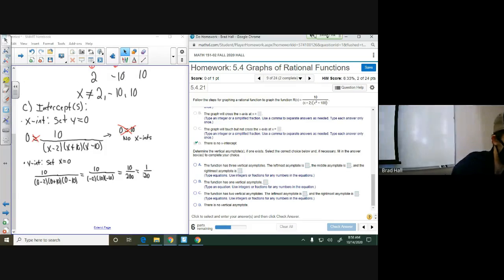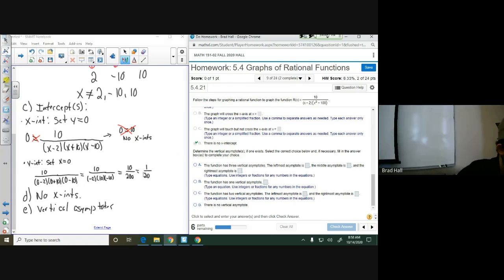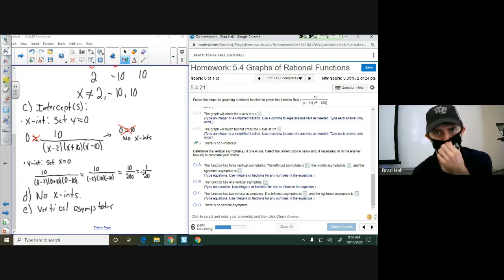So the vertical asymptotes. So remember, the vertical asymptotes is generally, for mostly all the problems, you take whatever the domain is, and you change the not equal sign to an equal sign.